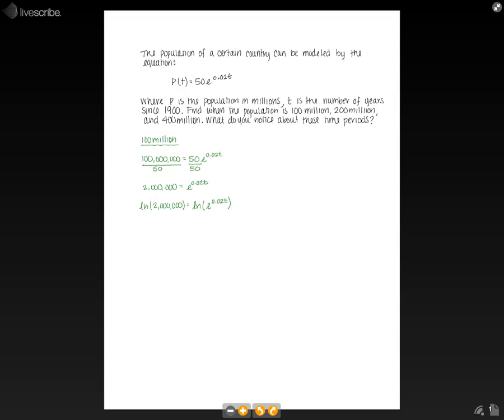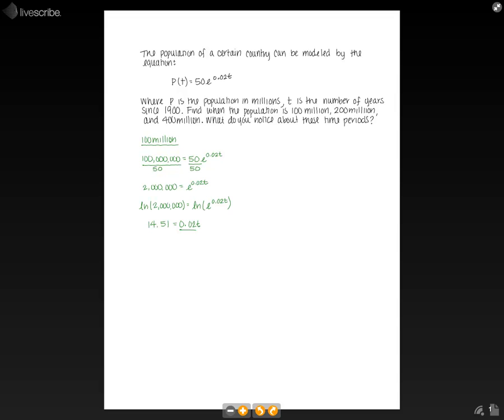If you put that in your calculator, the natural log of 2 million is 14.51, and that's equal to 0.02 t, since the natural log cancels out the e.